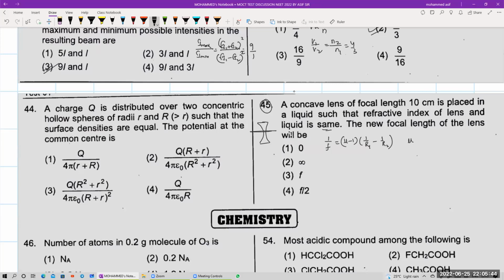For both of them, refractive index is same, so it is 1. So 1 by f will be equal to how much for me beta? 0. That means focal length will come out for your infinity. Because when you immerse in the liquid, the refractive indices are the same, so that is getting 0. So 1 by f will be equal to 0. So f will be equal to infinity.